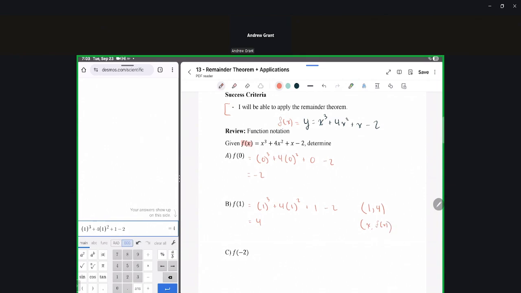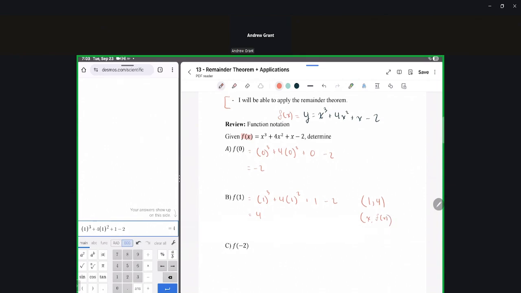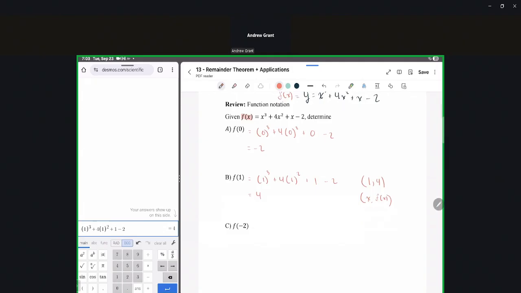And f of negative 2, done the same way as before, we say that this will be negative 2 to the power of 3 plus 4 times negative 2 to the power of 2 plus negative 2 minus 2. And the nice thing about using the Desmos calculator, you can just swap out the value you care about and just sub in the number instead.